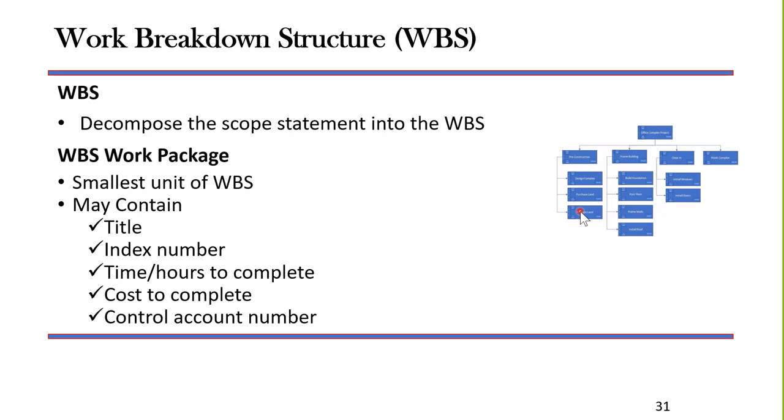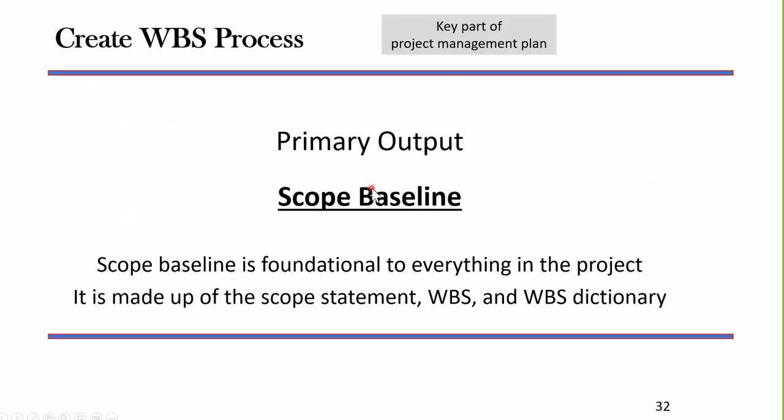WBS is going to contain all of the work that is to be done on the project itself. The work breakdown structure, we are in the process here that's called Create WBS. Create work breakdown structure. But look at what my primary output here is. My primary output is the scope baseline.